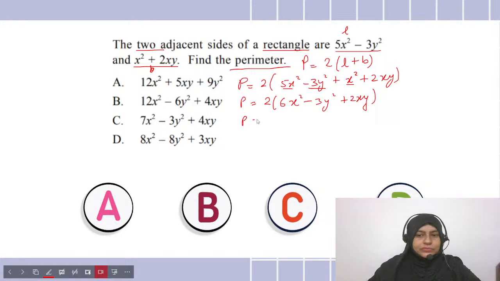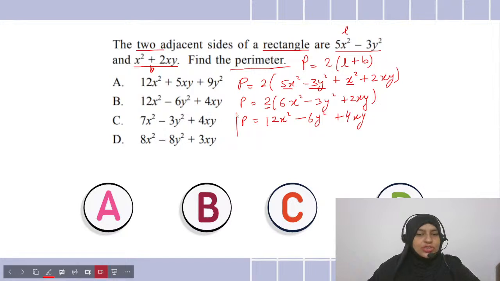Now there is a 2, so you need to multiply this 2 inside that bracket. 2 times 6, 12x square. 2 times 3, 6y square. 2 times 2, 4xy.